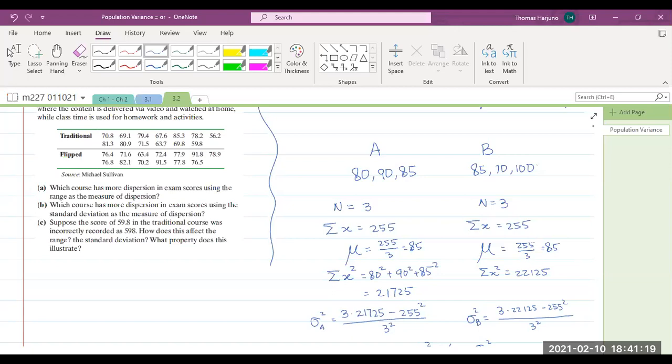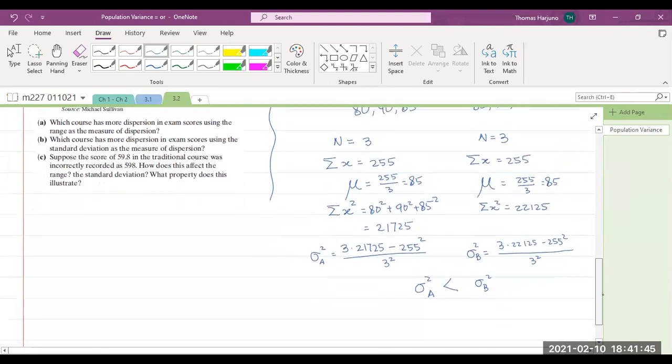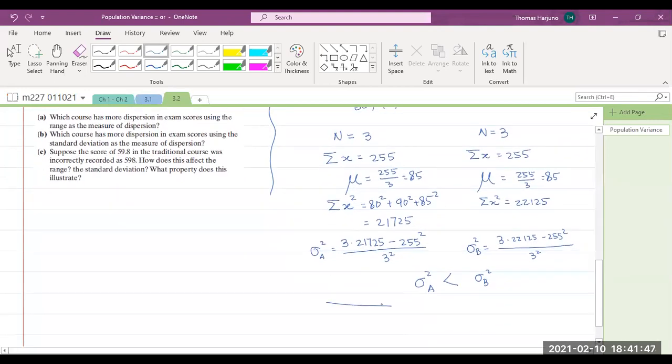Okay, so will A have a chance to get an A? Yes, A has a chance to get an A. B also has a chance to get an A. But comparatively, because the average is 85, which is a B, and the standard deviation for A is smaller, A tends to deviate not far from 85.